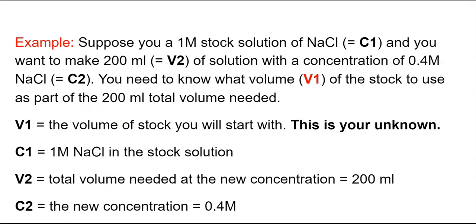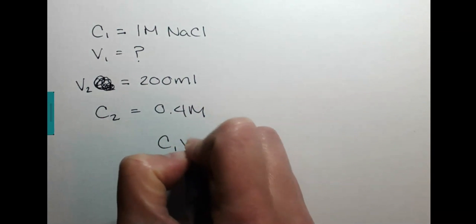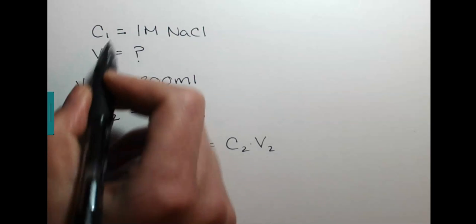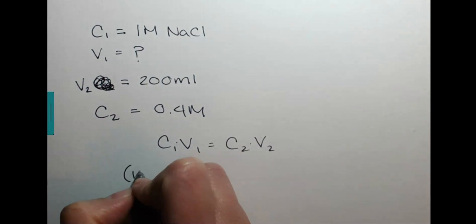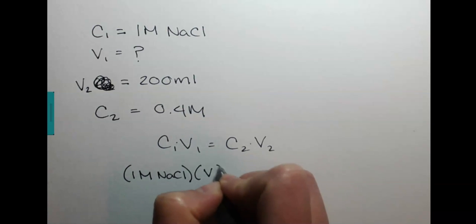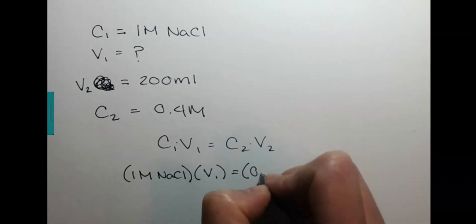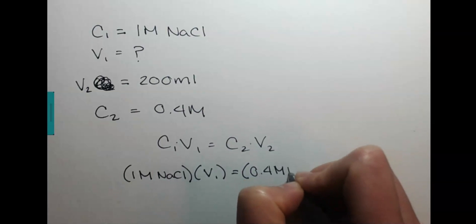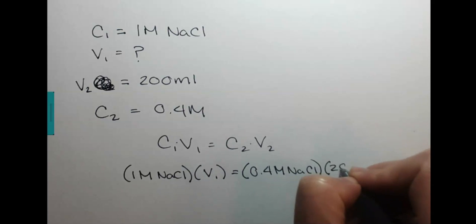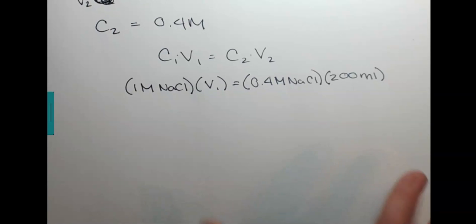All right, so C1V1 equals C2 times V2. So I know my C1 is 1 molar NaCl. My V1 is my unknown. I know what concentration I want, so that's going to be 0.4 molar NaCl. And I know my final volume is going to be that 200 milliliters. So I want to have 200 milliliters of 0.4 molar solution. So now I'm going to solve. So 0.4 times 200.